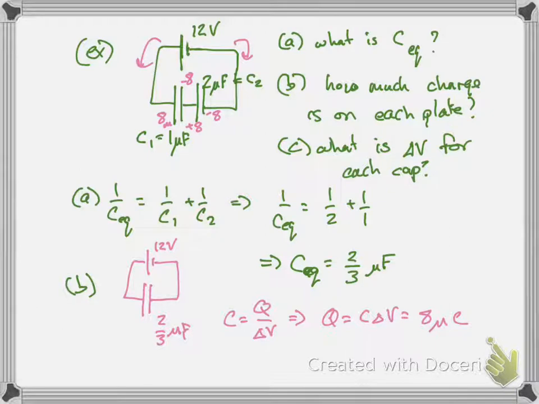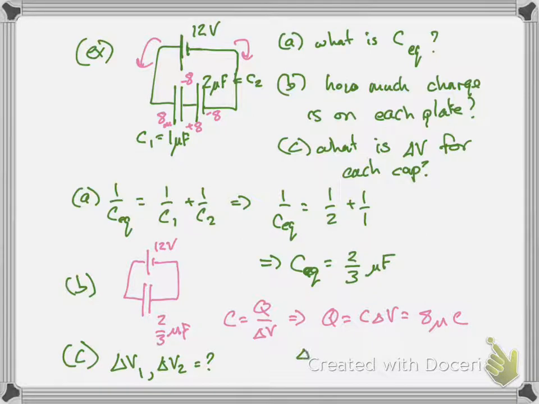And what is the potential difference for each, delta V1, delta V2? Well, you can probably guess that it's going to distribute 2 to 1, so it's going to be 8 and 4, but which one's going to have 8 and which one's going to have 4?